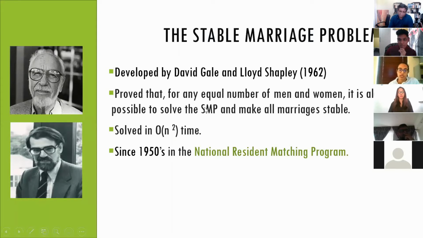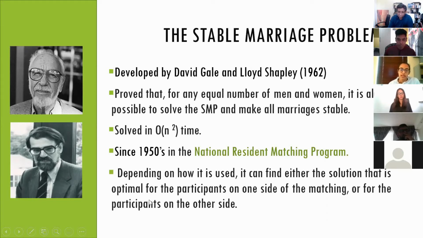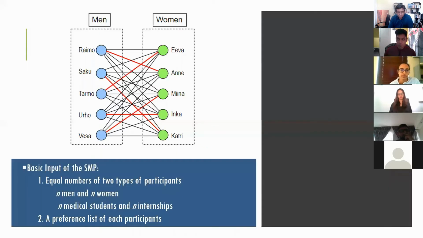However, it should be noted that in the 1950s, this type of algorithm was already around in a program called the National Resident Matching Program, matching medical students to hospitals. It probably just wasn't documented as well, and then David Gale and Lloyd Shapley extended it and made it a bit more popular. Depending on how it's used, you can find a solution that's optimal for one participant group or the other, either optimal for the male group or optimal for the female group. That's the very basic form of the stable marriage problem.